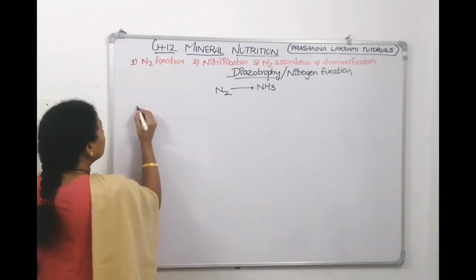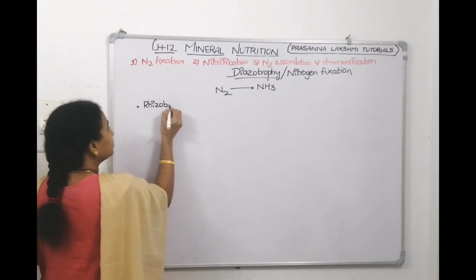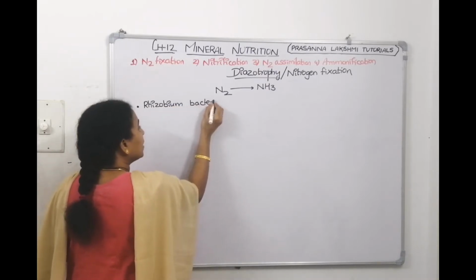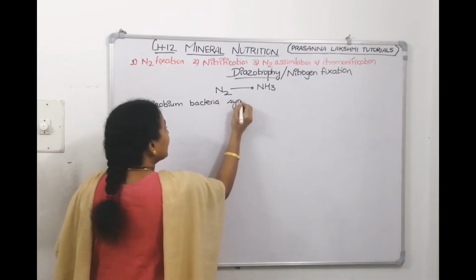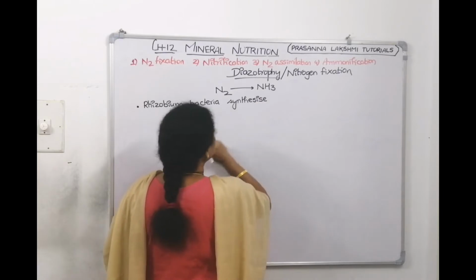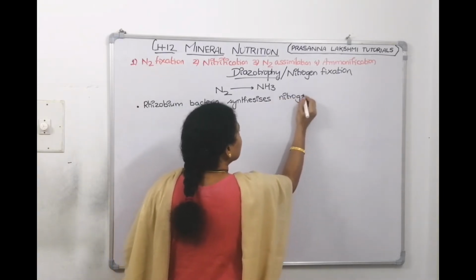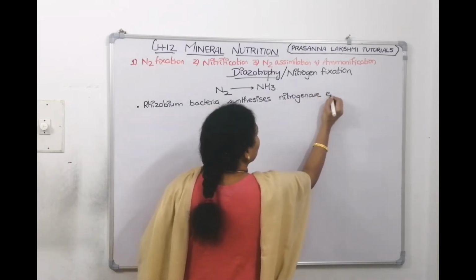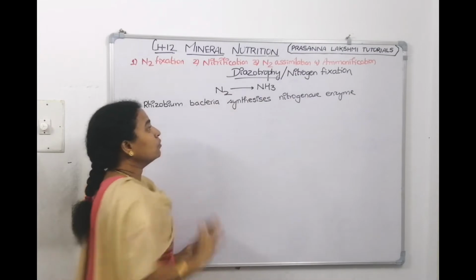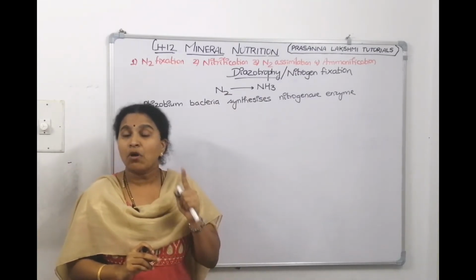So we were talking about the Rhizobium bacteria. The Rhizobium bacteria will synthesize an enzyme. What is that enzyme? Rhizobium bacteria synthesizes the nitrogenase enzyme, which will catalyze nitrogen to ammonia. But the nitrogenase enzyme is sensitive to oxygen.